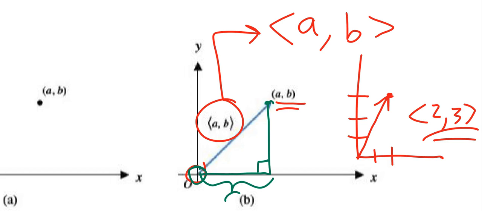That is a. And what is the length of this side? b. That's how you get to the end of that vector, right? You go a units to the right and b units up. Just like for <2, 3>, you go 2 to the right and 3 up. I'm hoping that you're getting the idea that we're going to be using a lot of right triangle trig.